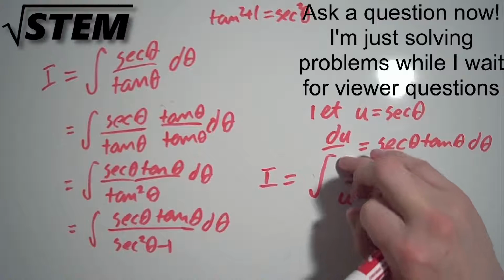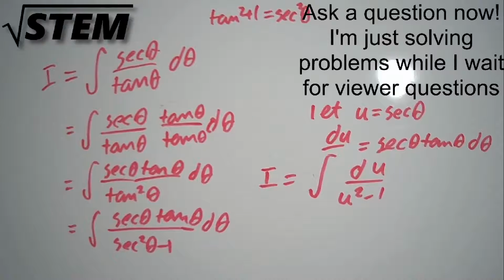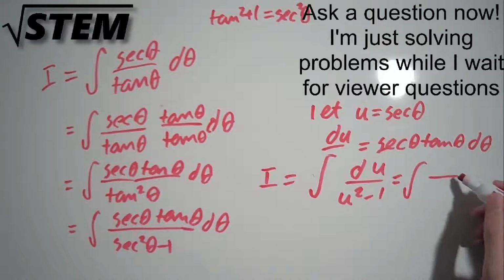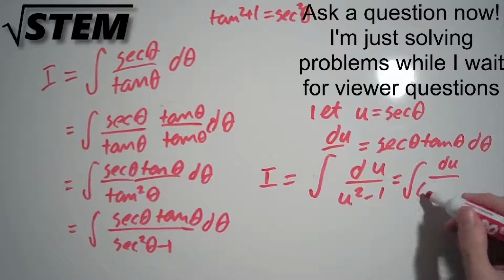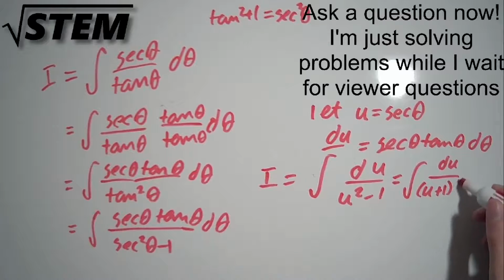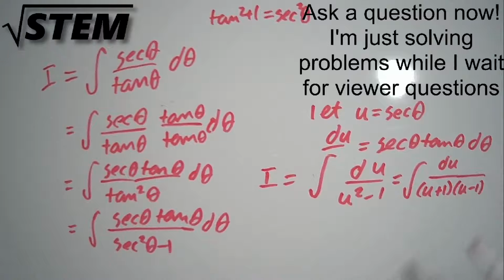Maybe not the best, but it's certainly a big transformation. How can we do this now? U squared minus 1. We can't do another sub and say something equals u squared because we don't have a u on top. But I think we can say this is u plus 1 times u minus 1.